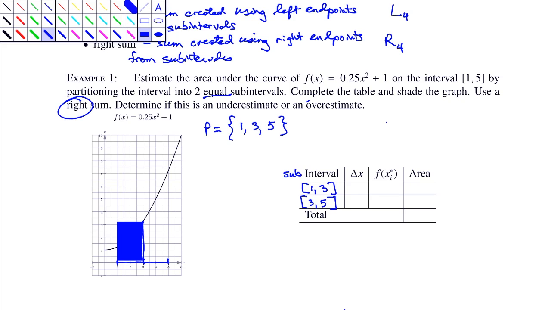So we've covered up the entire function with that rectangle. Now this is overkill, right? I'm trying to cover the curve to find the area under the curve, but we only have 2 partitions, so we don't have much choice here. So we covered up the whole thing there.